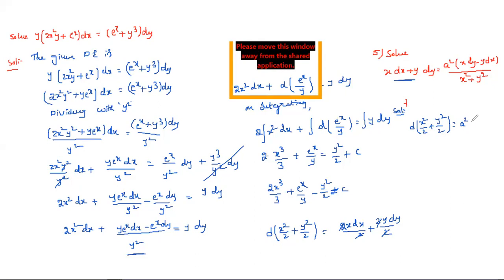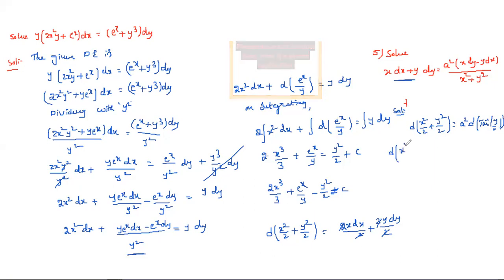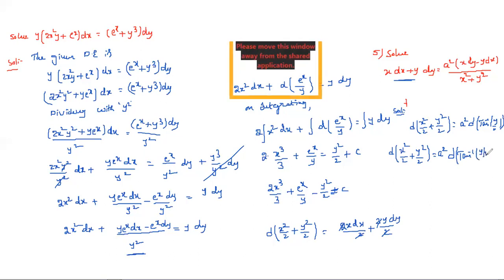So this is equal to a² into, and this also we have a direct formula: the derivative of tan⁻¹(y/x). So simply, the derivative of x² by 2 plus y² by 2 is equal to a² into the derivative of tan⁻¹(y/x). This is the form.